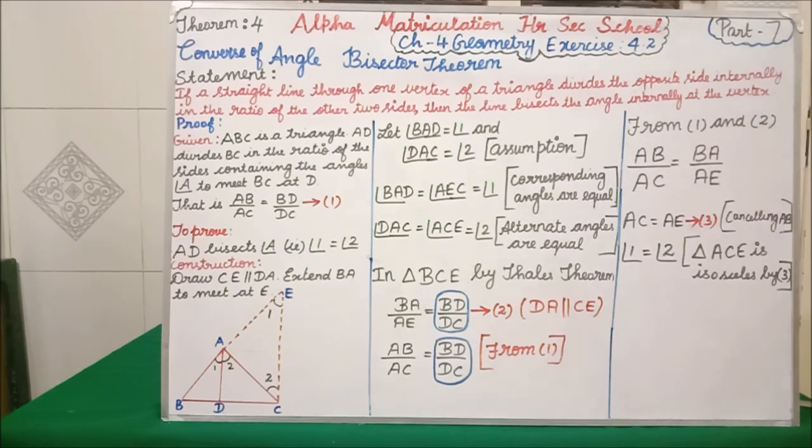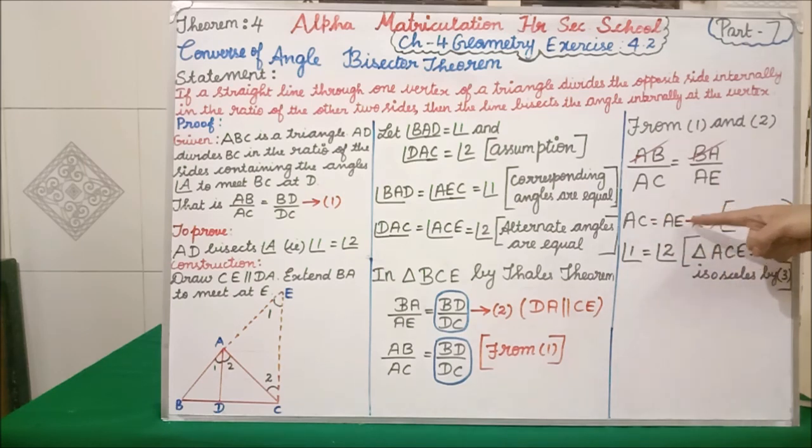BA and AB are the same. So in the next step we are cancelling this AB and AB. Then the remaining part we have is the denominator: AC equal to AE. Clear all of you?